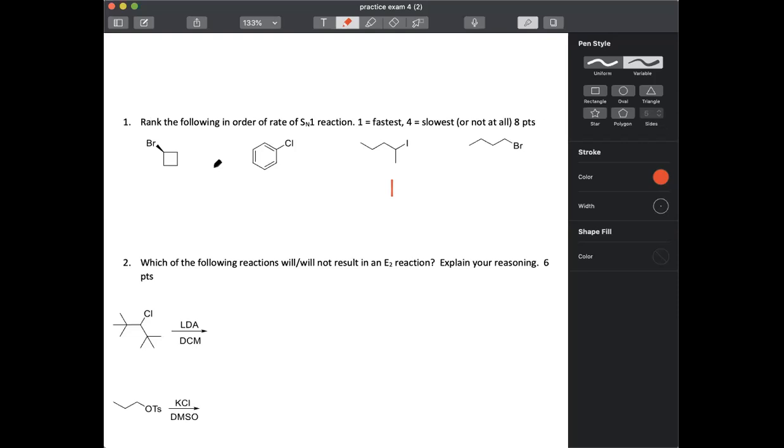Yes, these are all secondary. Which one would you expect to be the fastest, though? Yeah, I was thinking of the leaving group. So this is the fastest because it has the best leaving group, right, out of these three secondary substrates.